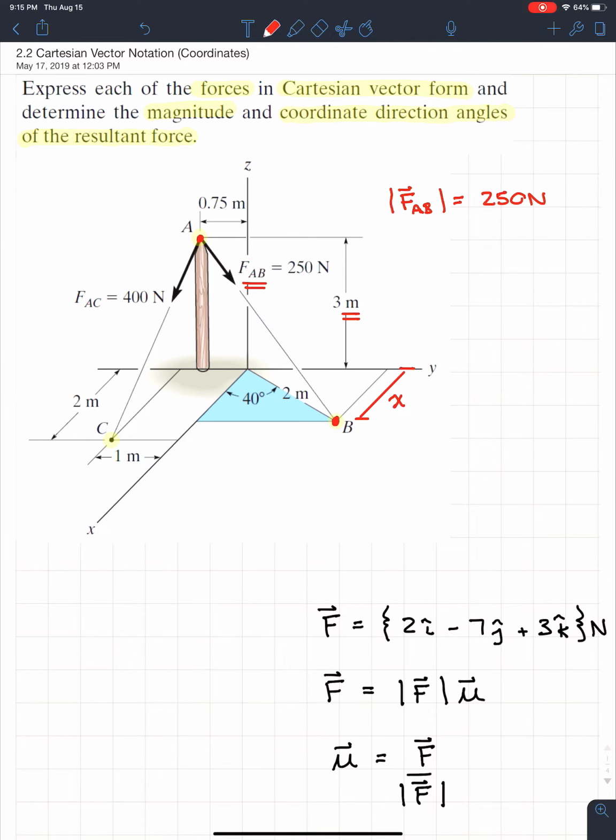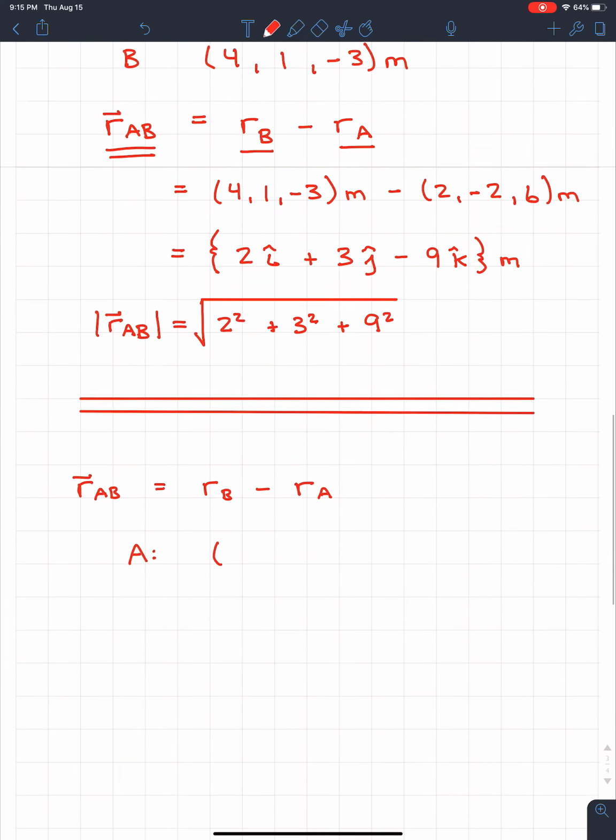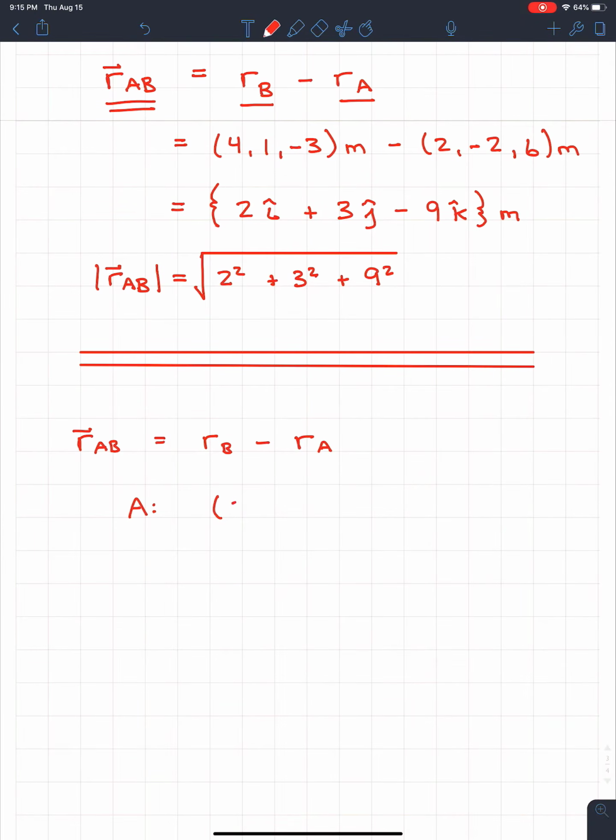Sometimes they're nice and will just give you those coordinate points, like FAC, where you can see it says 1 meter, 2 meter, but sometimes they can be a bit mean and make you solve for it using some trigonometry. But luckily for you guys, it's not that bad. So the x coordinate is going to be 2 times cosine of 40 degrees.